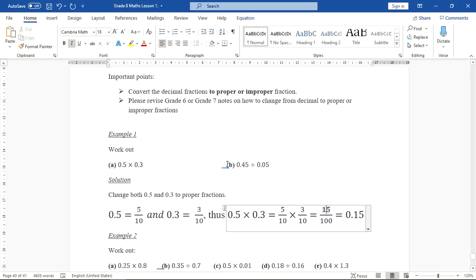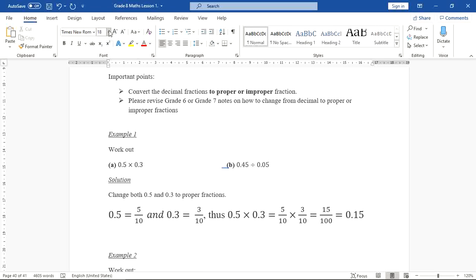Now let's do part B. In part B, we have 0.45, and we are multiplying that by 0.05. 0.45 can be written as 45/100.